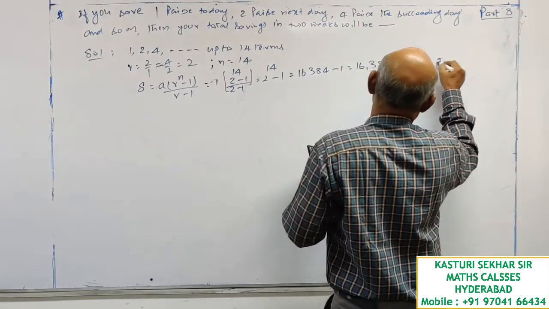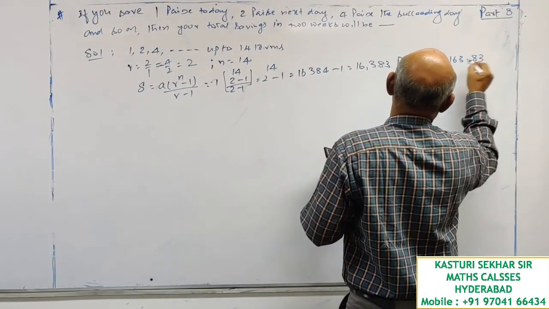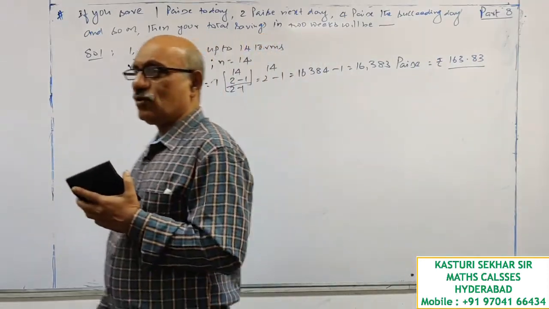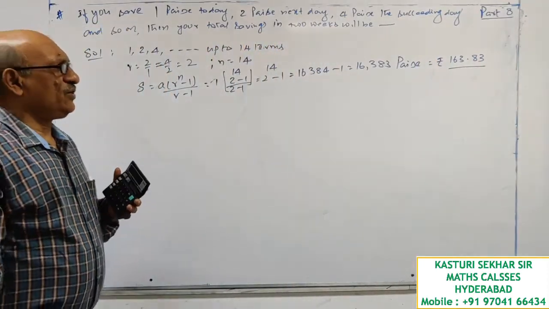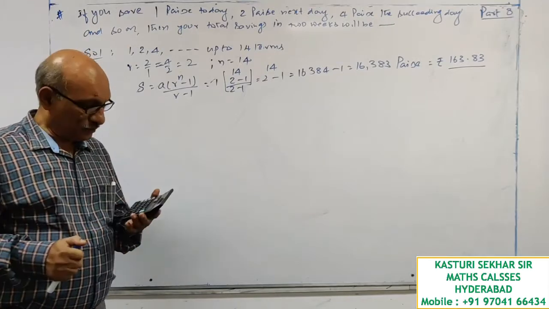This is equal to rupees 163.83, paise converted into rupees.